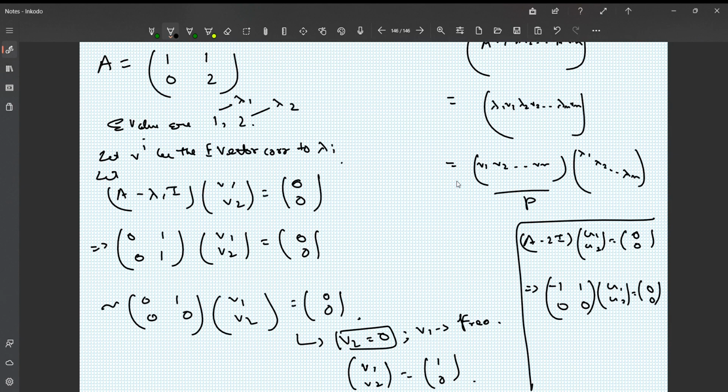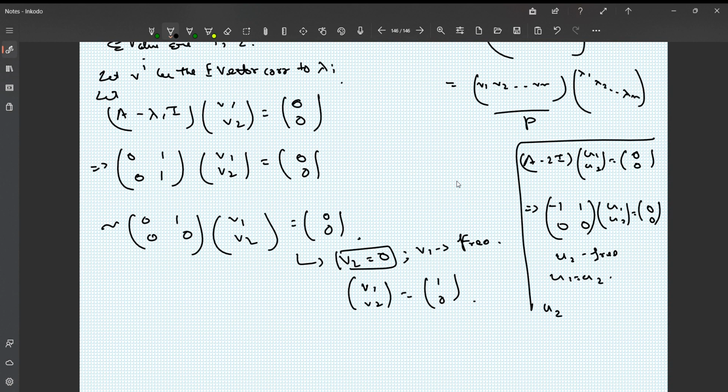Again observe in this case that U2 is free, and here you have minus U1 plus U2 equal to 0, so U1 is equal to U2. So simply consider U2 to be 1, then you have U1 U2 as 1 1, right?